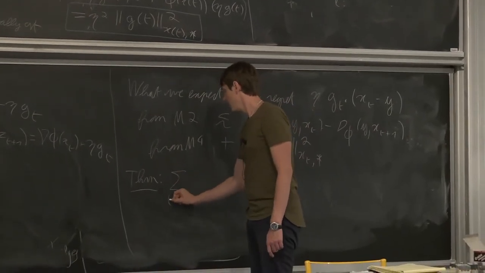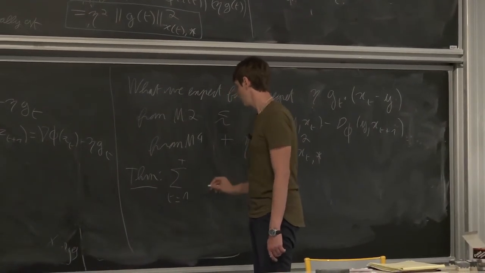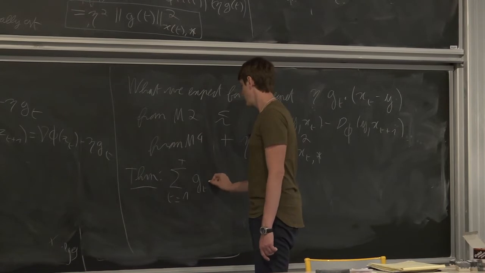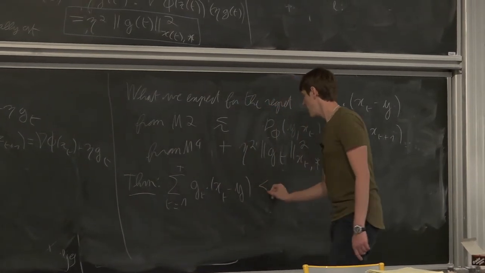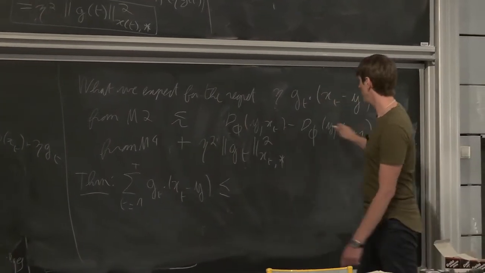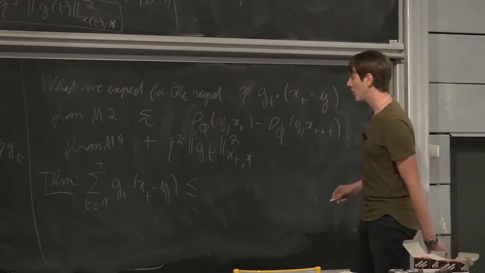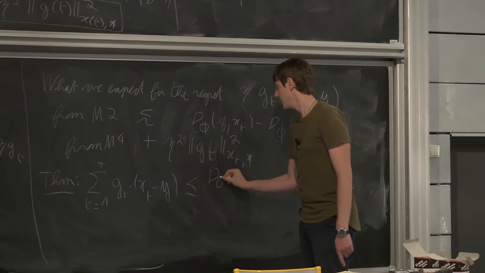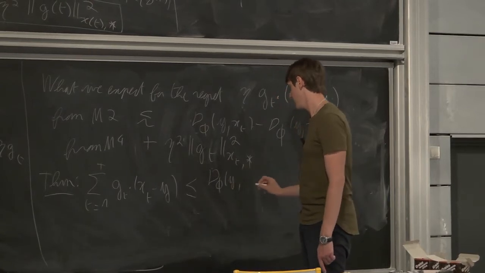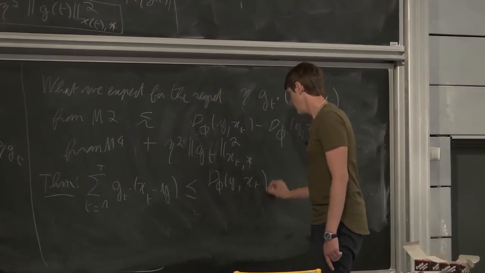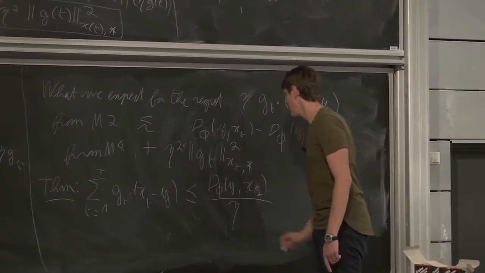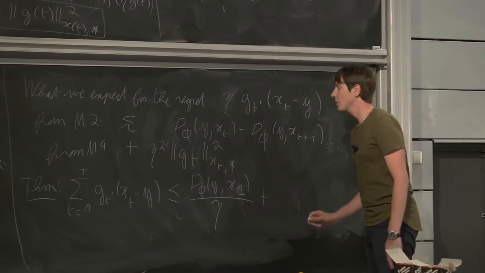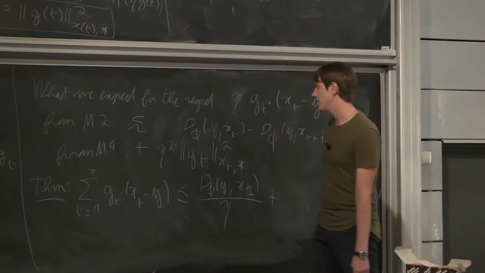The sum for t equals 1 to capital T of the inner product gt dot xt minus y. This is upper bounded by, so I will have this term, which is a telescopic sum. So I get the Bregman divergence between y and x1 divided by eta. And I get this second order term, which was eta squared, but I divide by eta.